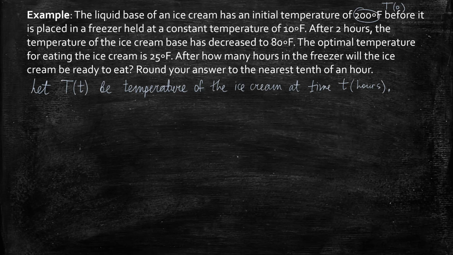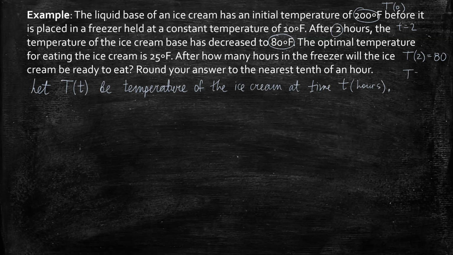And it says after 2 hours, so when t is equal to 2 hours, the temperature has decreased to 80 degrees. So that means the temperature at 2 is equal to 80. And it says the optimal temperature of eating ice cream is 25 degrees.